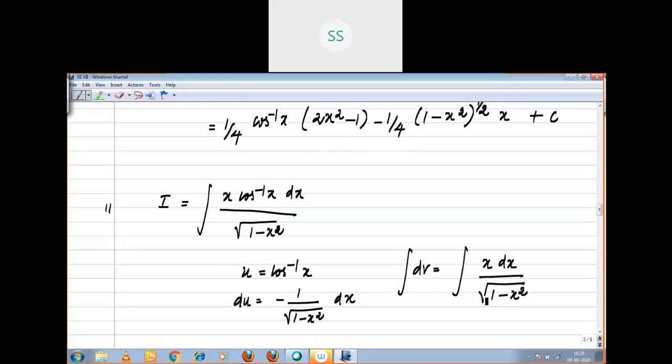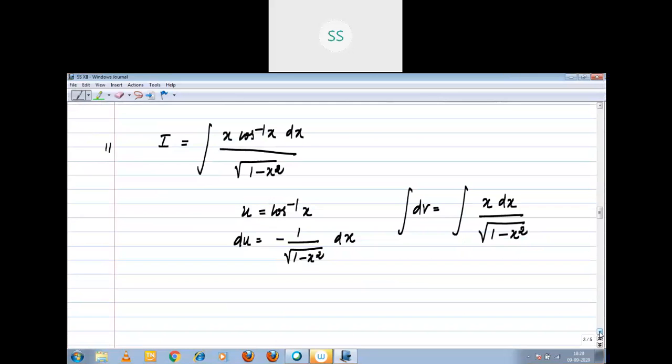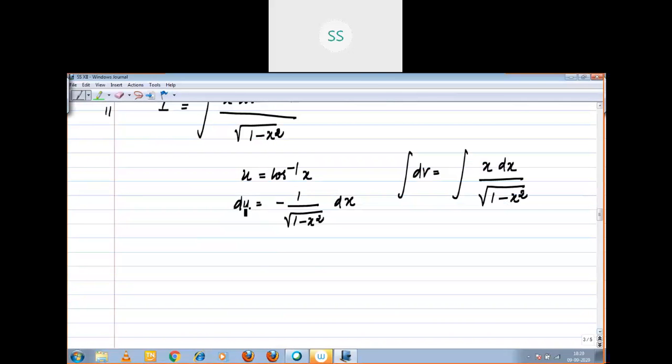In the second, I'm going to adapt the substitution. If I adapt substitution, the integration part is easy. Let 1 minus x square equal to t square, because it is in the form of root. Then I differentiate with respect to x on both sides.